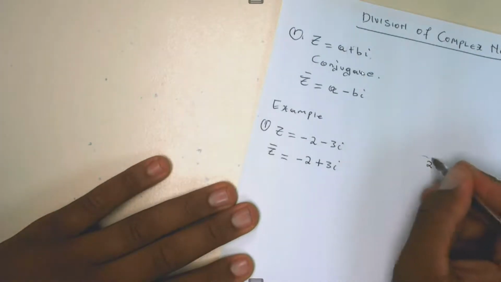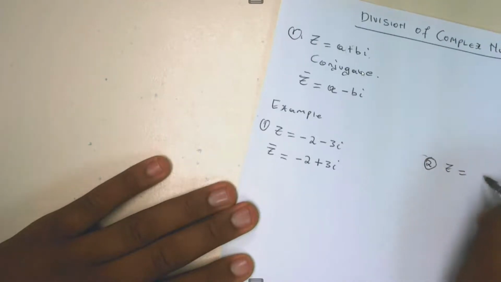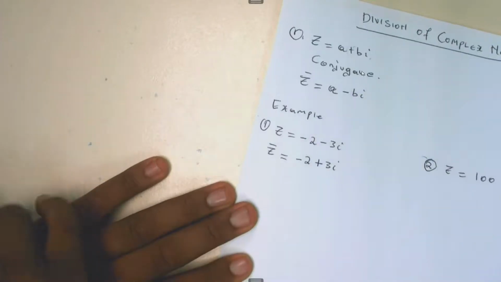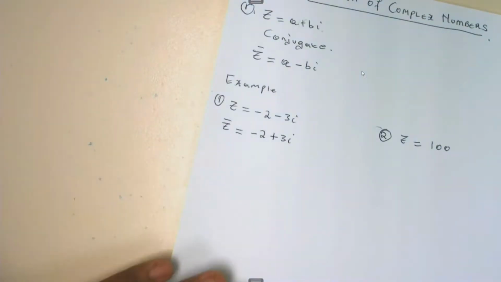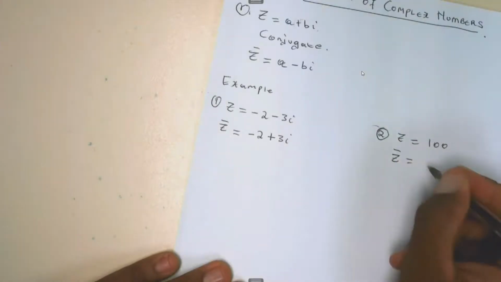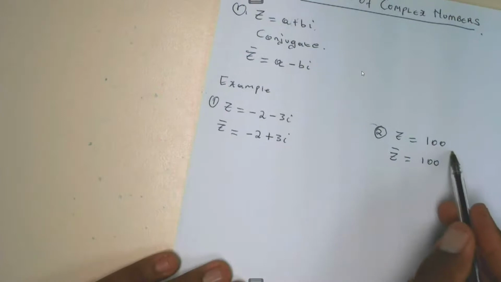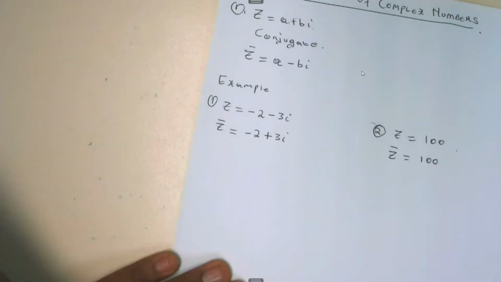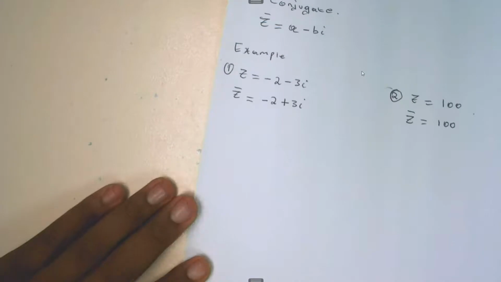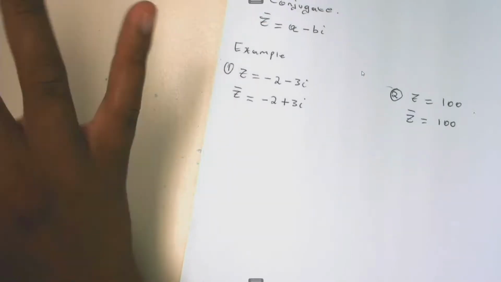If we have number 2, Z is equal to 100, what will be our conjugate? It will be 100, because we don't have the imaginary part, yet it is 0, so it will still be 0. Good. That is what we have to understand when we talk of conjugate. We only change the sign of the imaginary part.